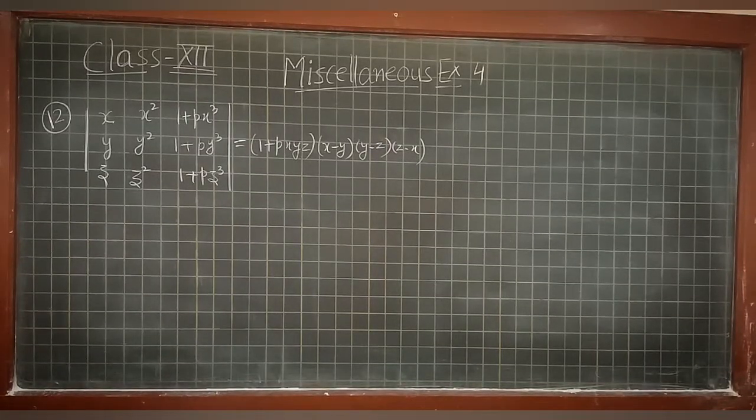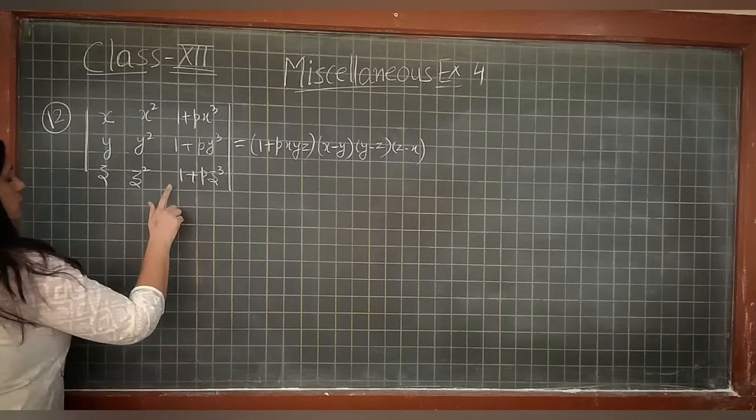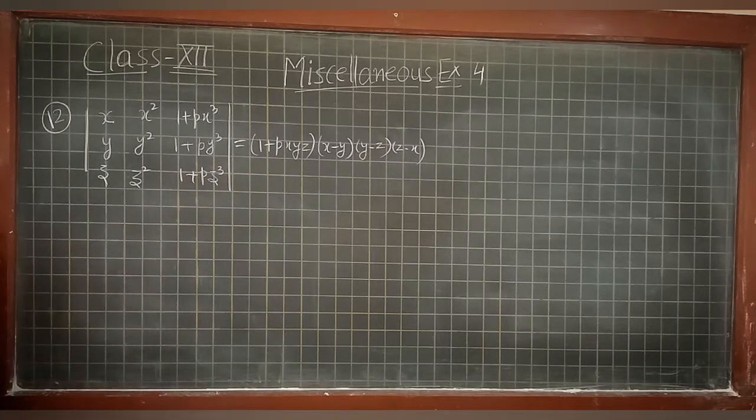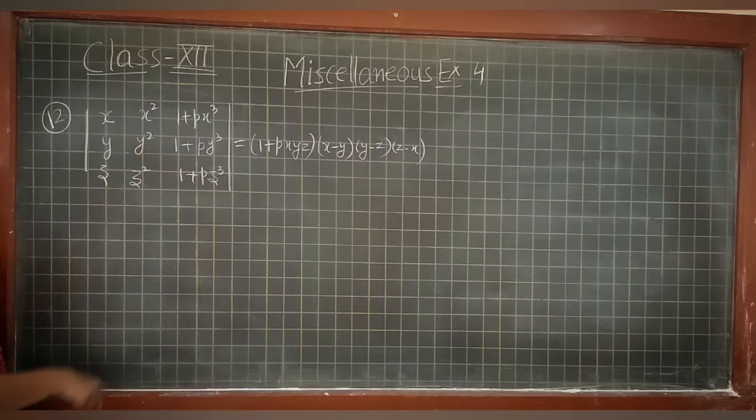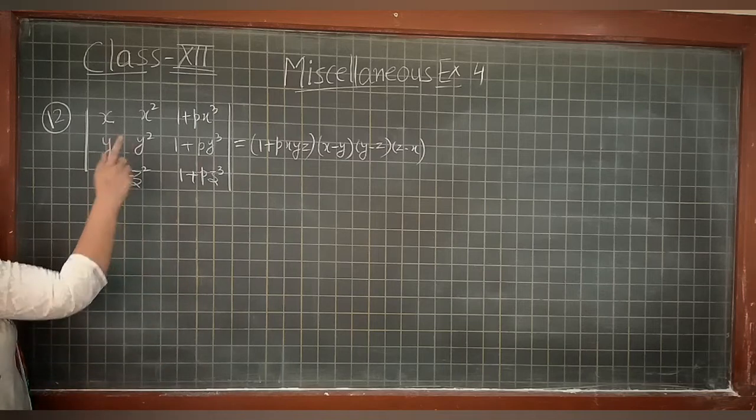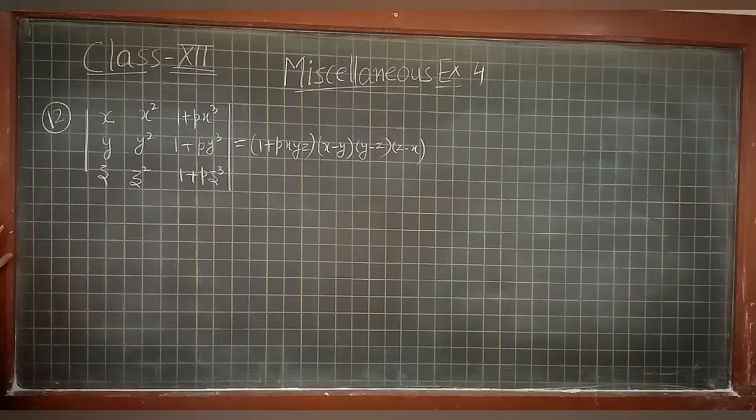Now question number 12 is you have to show that this determinant is equal to 1 plus pxyz into (x minus y)(y minus z)(z minus x). So you will observe here that this column C3 is expressed as the sum of two terms. So you can express this whole determinant as the sum of two determinants, isn't it? So that we have already seen in the properties.